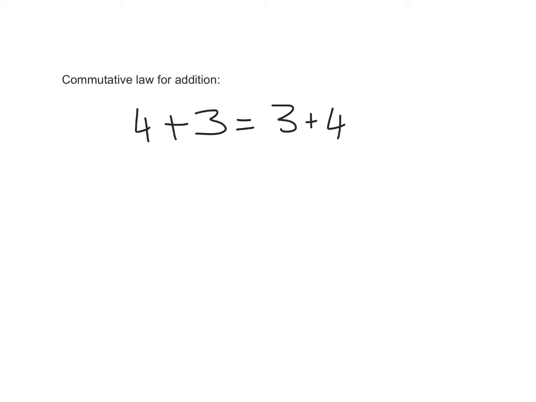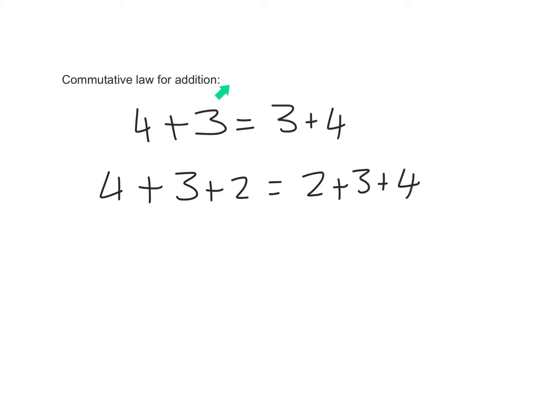Or if we had 4 plus 3 plus 2, we could write that as 2 plus 3 plus 4. It doesn't matter which way around we have these, because in addition we just add them up and we get the same answer. That is called the commutative law for addition.